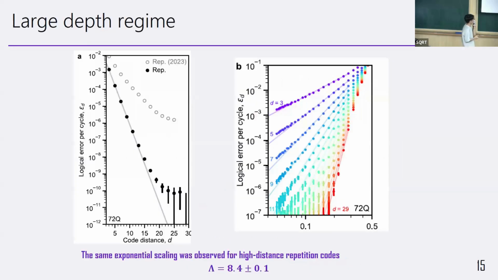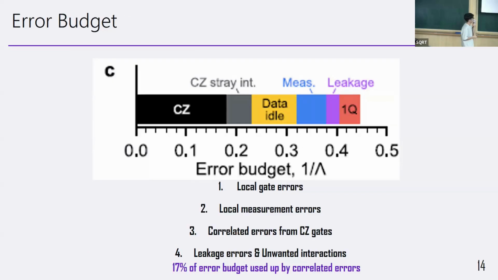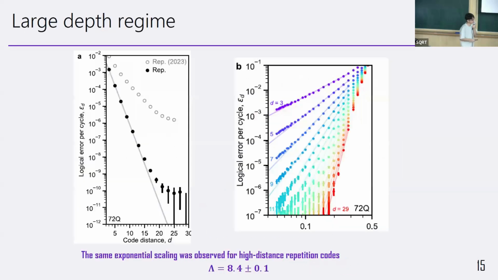Now, there's an objection. Hey, 3, 5, 7, that's great. What about 10 or 20, 30? So Google actually tested that. They found the money somehow. They tested a code distance of 5, 10, 15, 20, so they did it to around 20, 25.